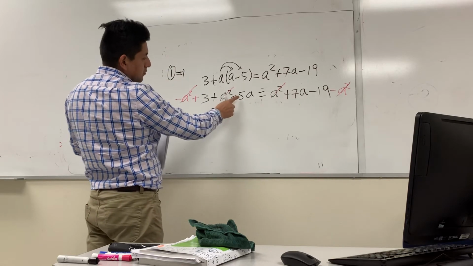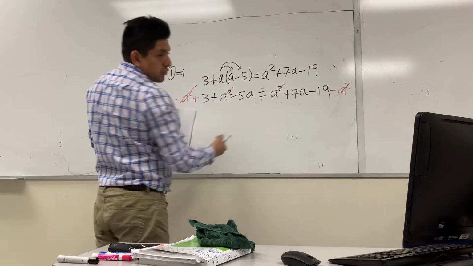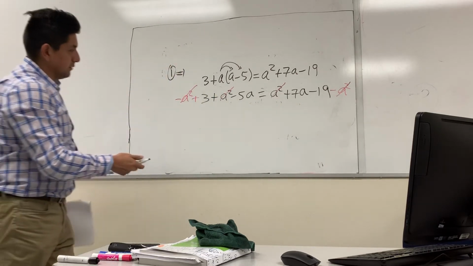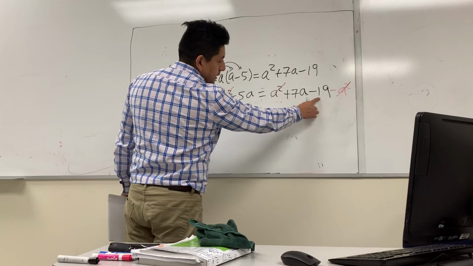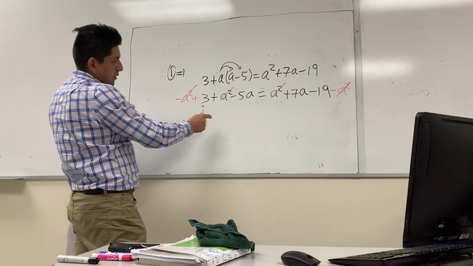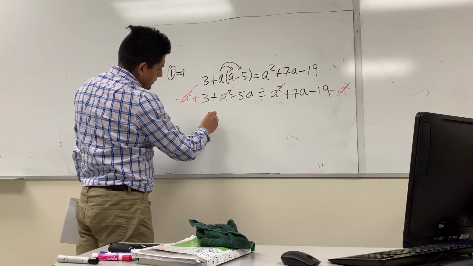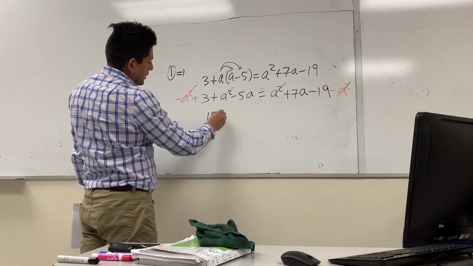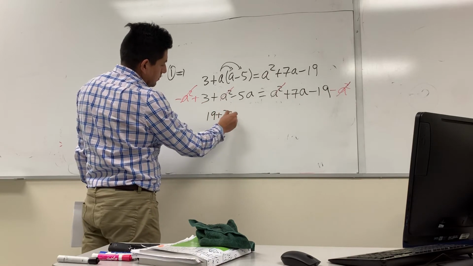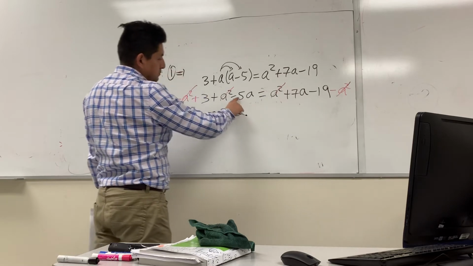So it's ideal for me to send the minus 5a to the right side as positive. And I can bring the negative 19 to the first term as positive. So negative 19 comes to the first term as positive 19. And then I add that to the 3. And the negative 5a goes to the second term as positive 5a.